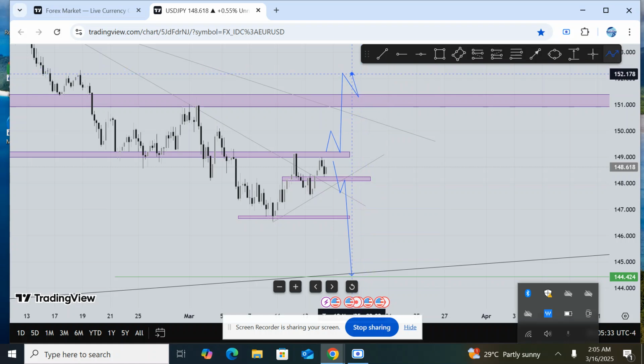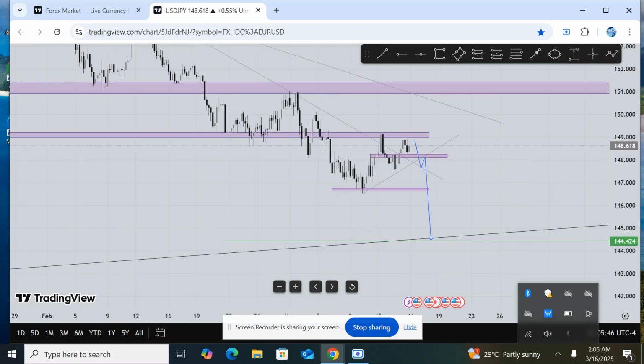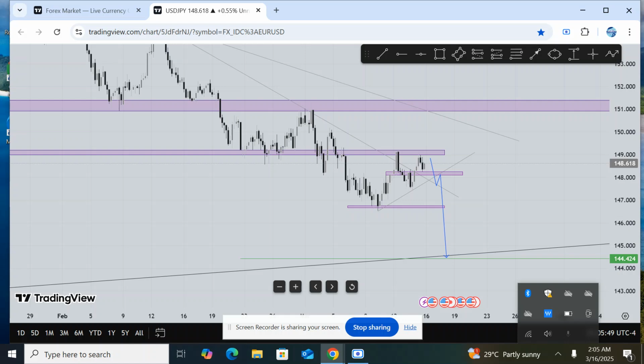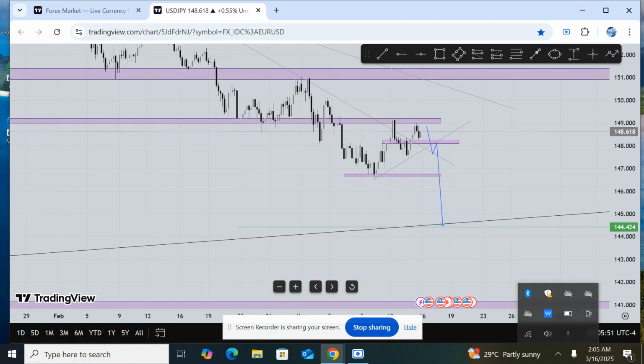If it plays out like this, I will still come up here and tell you guys what you should be expecting. But we are more bearish than bullish. So we're looking for a bearish move on USDJPY.